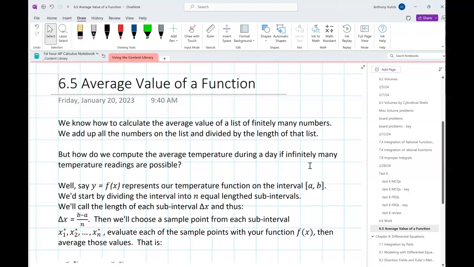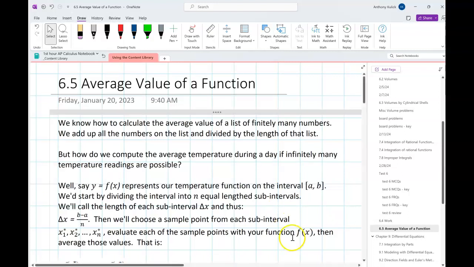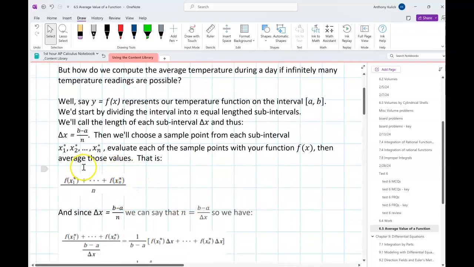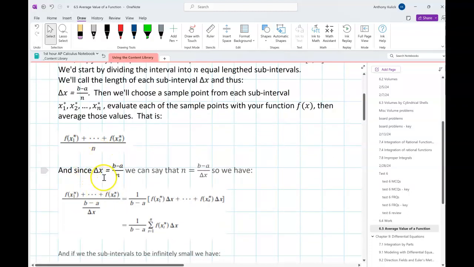This is an integral, right? This is the exact same thing that we described when we started defining what an integral means. So we take all of our sample points and divide them by n. And since delta x is b minus a over n, we know that n is b minus a over delta x.